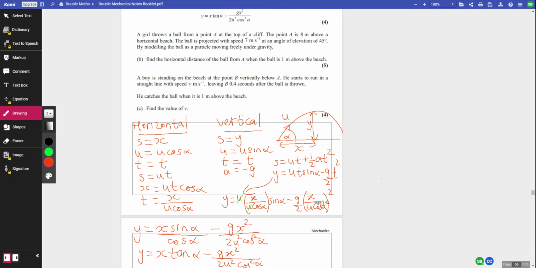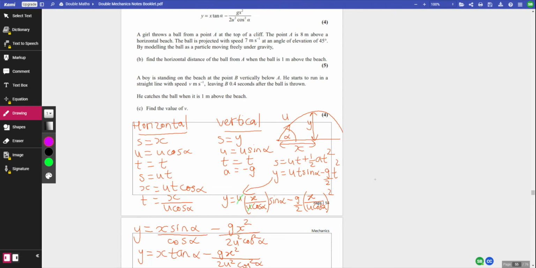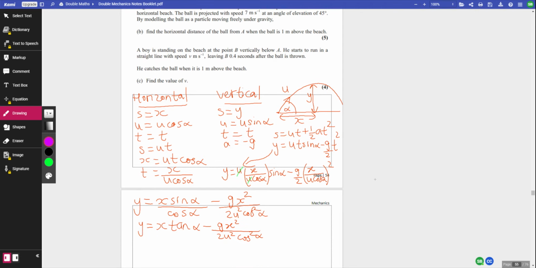So again, let's draw ourselves a bit of a sketch, just so it makes it more clear exactly what's happening. A girl throws a ball from a point A at the top of a cliff. The point A is 8 meters above a horizontal beach.